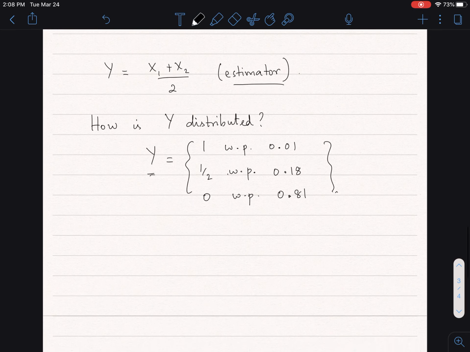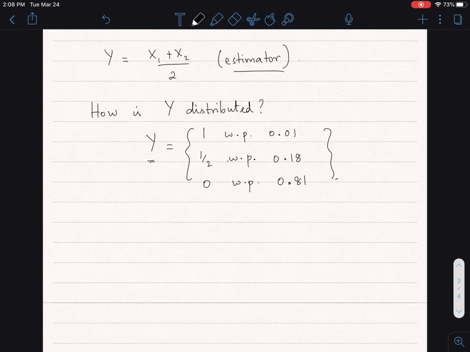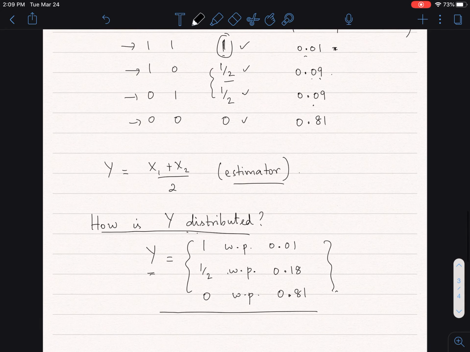Now this is the distribution of y. This is why I wanted to talk about discrete random variables, because note that the distribution of y really has nothing to do with the distribution of each xi, which was a binary 0 1 random variable. This now takes a bunch of values, each with certain probability.